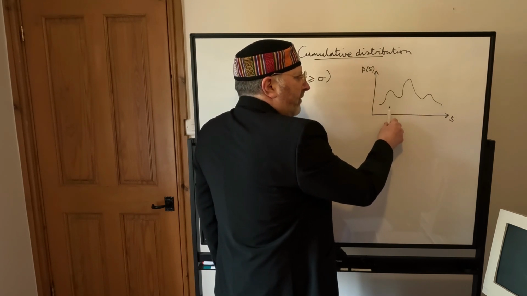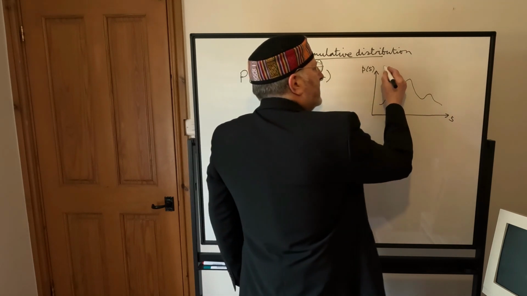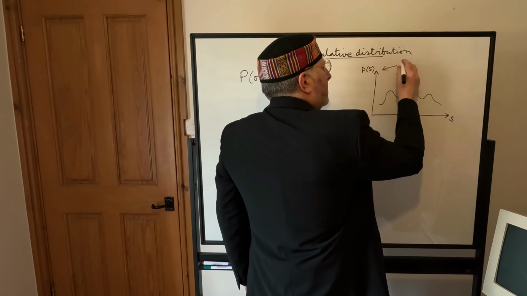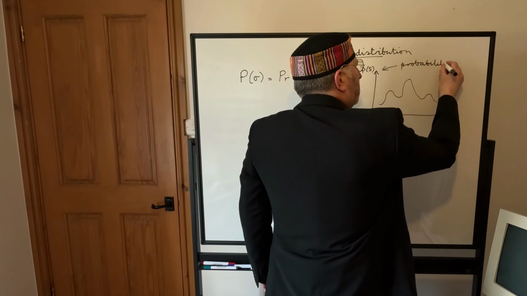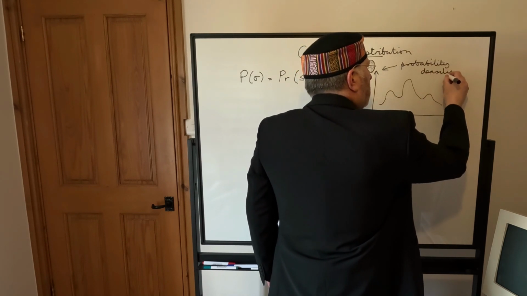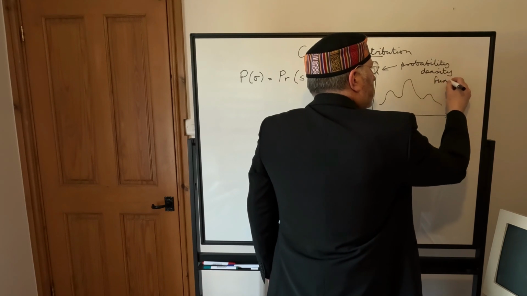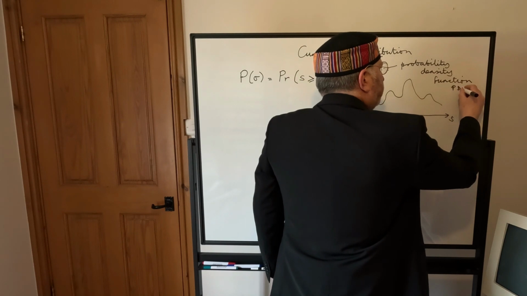How does the chance vary in this region compared to in this region? So it's the probability density, strictly speaking, or is known as the probability density function, PDF.